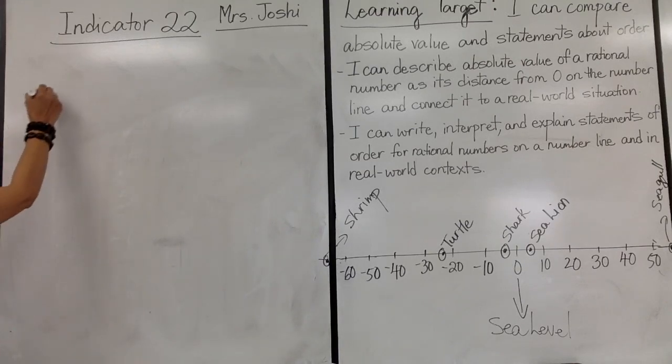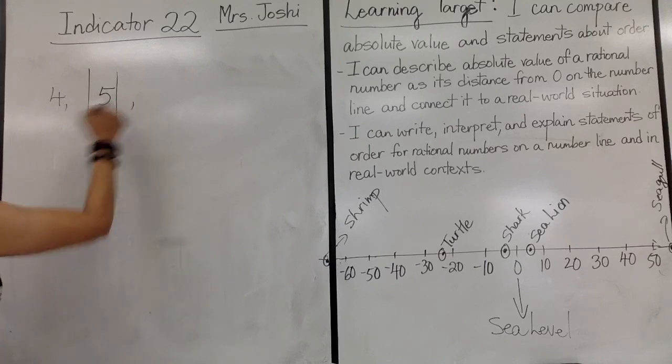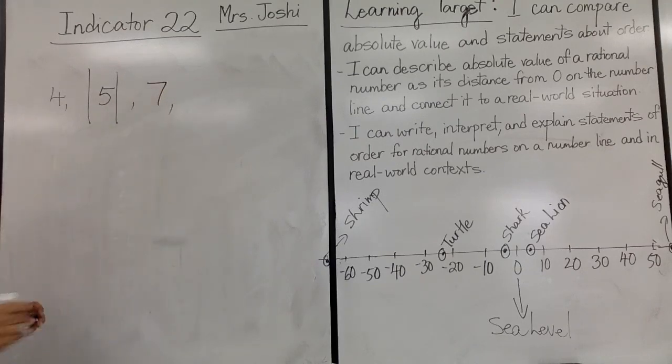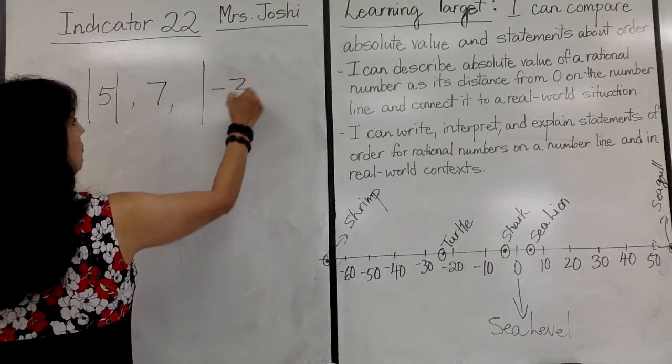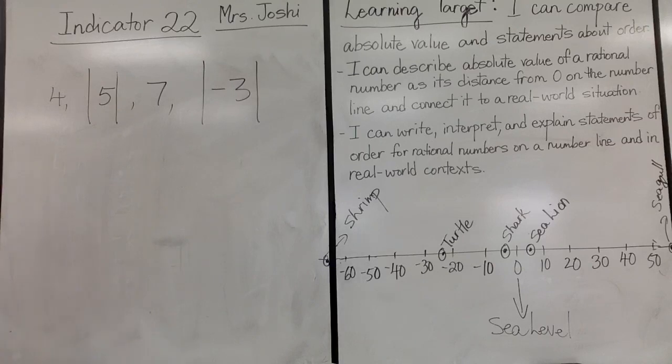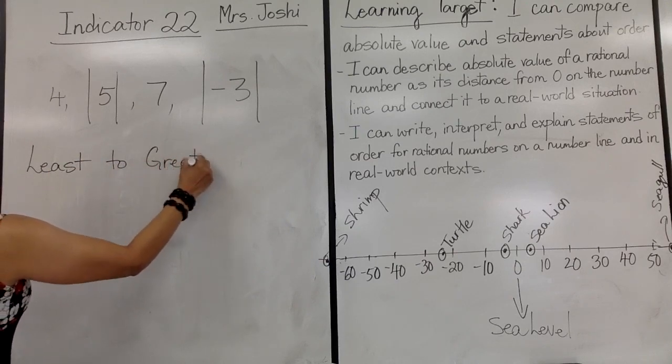So let's say I give you number 4, I give you absolute value of 5, I give you 7, and I give you absolute value of -3. And then I say, order these numbers from least to greatest.